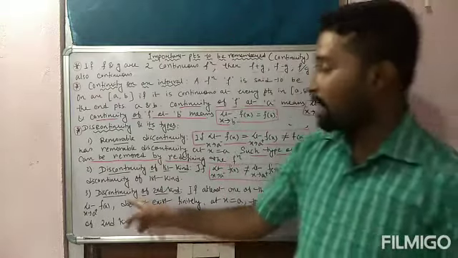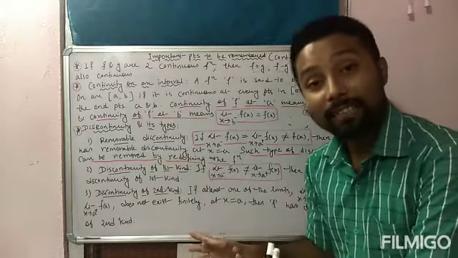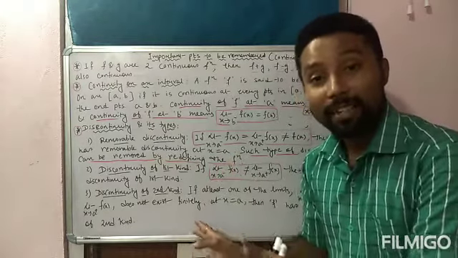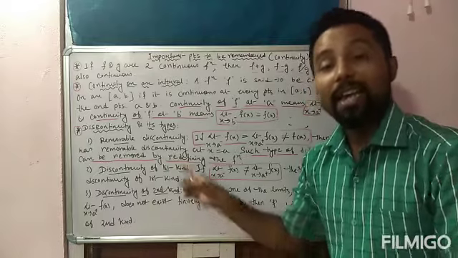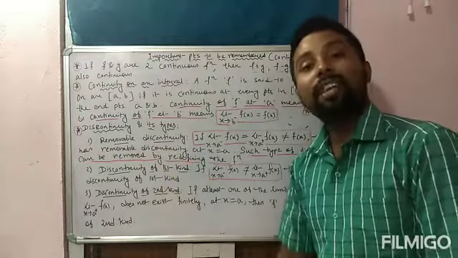Okay, and the third one is discontinuity of second kind. That means what is the condition? You have to remember the condition of discontinuity of first kind, of removable discontinuity, as well as of discontinuity of second kind.